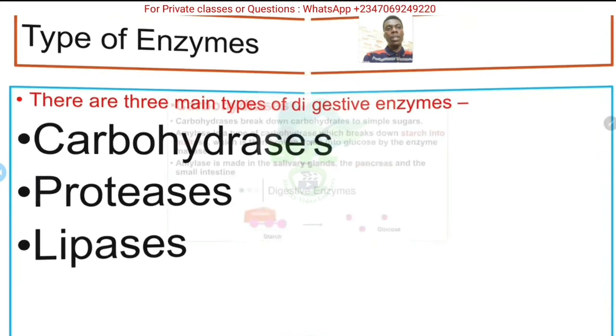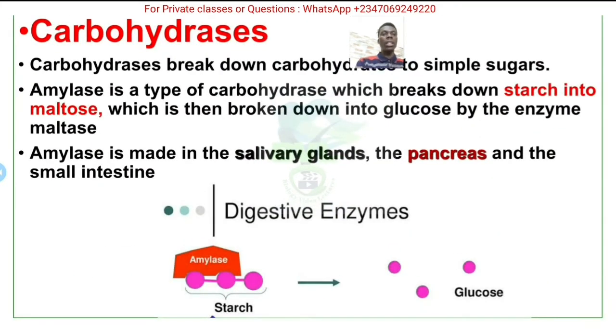So moving on. The first one on the list is carbohydrases. Like it says, they break down carbohydrates into simple sugars. Now, you might want to remember what carbohydrates are. Basically, we have rice, beans, all those foods. We have juice, but they are not in the same category.